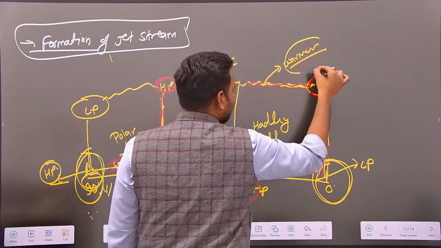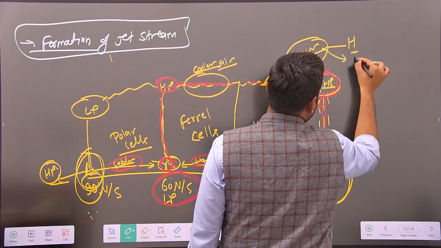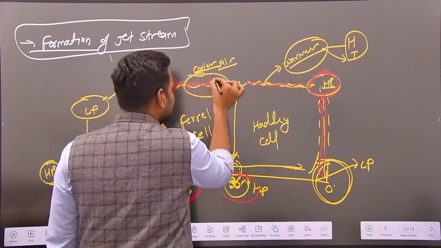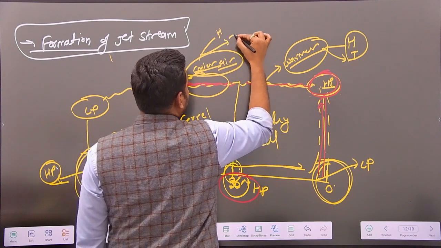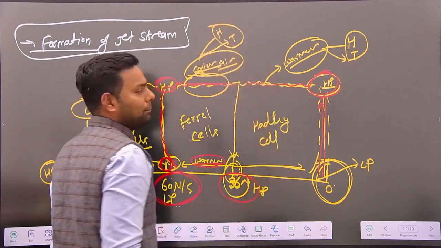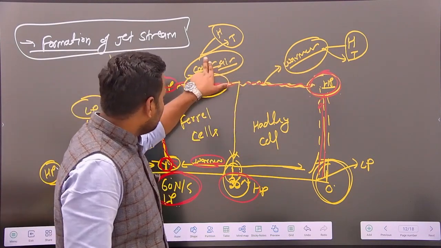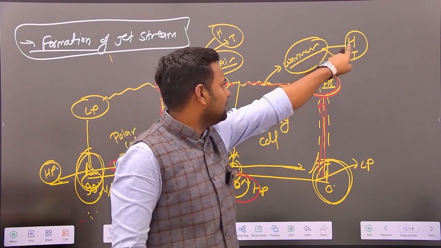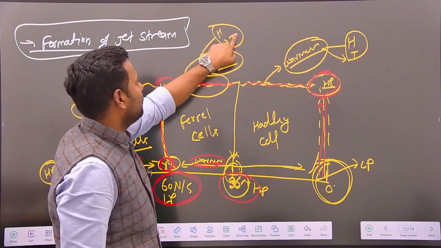This air consists of a different kind of humidity and temperature, and this air consists of a different type of humidity and temperature. So we find there are two opposite characters of air masses.